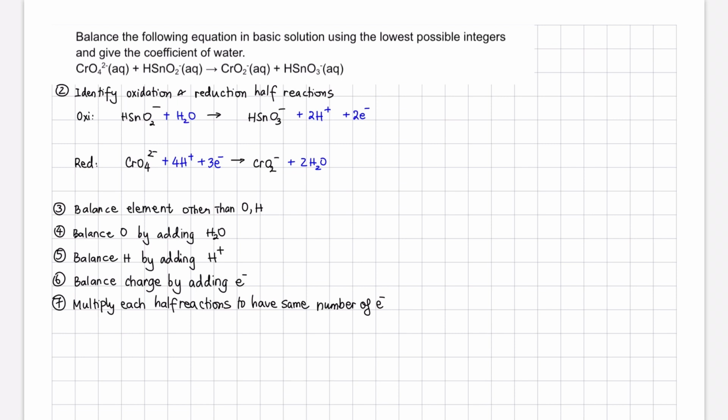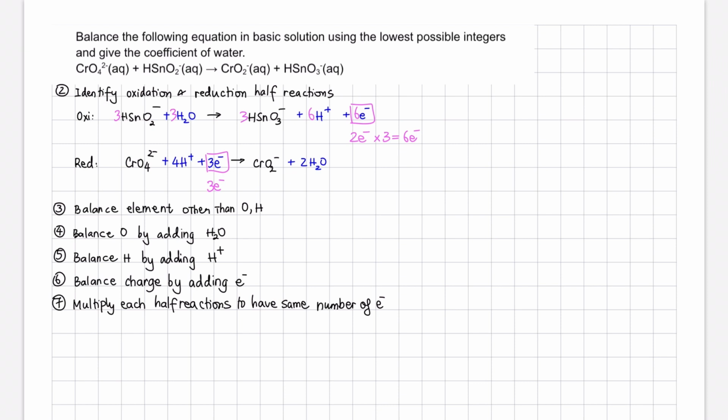Moving on to step 7, we need to multiply each half reaction by a coefficient to have the same number of electrons involved in each half. So we're looking at the oxidation half, we see that it released 2 electrons, and in the reduction half, it used up 3 electrons. So in order to balance out the number of electrons on both halves, we need to times everything in the oxidation half by 3.